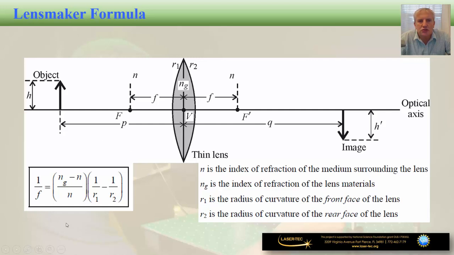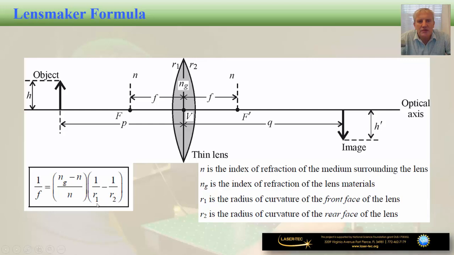The formula is shown here on the left hand side, and you can see that the equation has a few different parameters that have to be taken into account, one being the index of refraction of the medium surrounding the lens, shown here as n, and then n with the subscript g is the index of refraction of the material the lens is made out of.